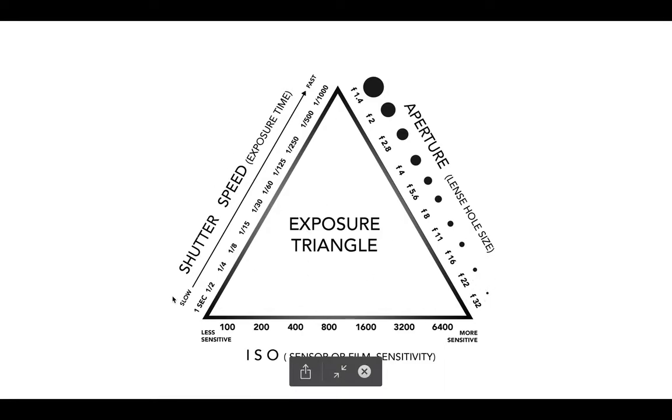And then, of course, on the bottom, we can't forget how sensitive we are to light. Our ISO sensitivity will affect how we use these other two options. If we're using a really high ISO that's really sensitive, then maybe we can shoot really fast because we don't need that much time to get enough light for a good picture if we're really light sensitive, right?